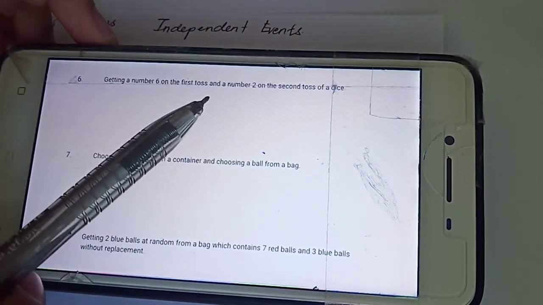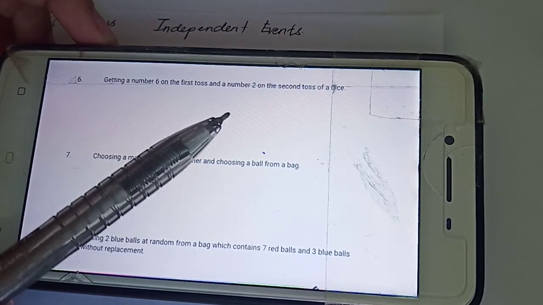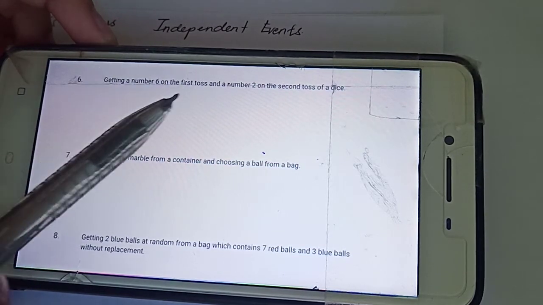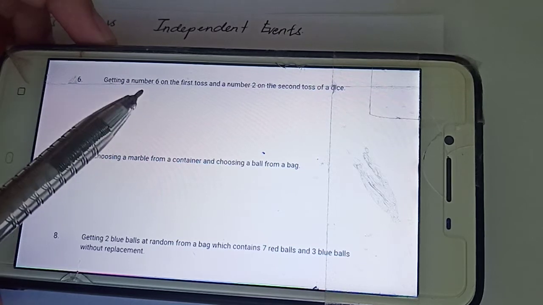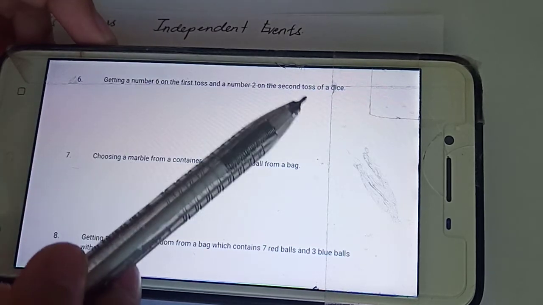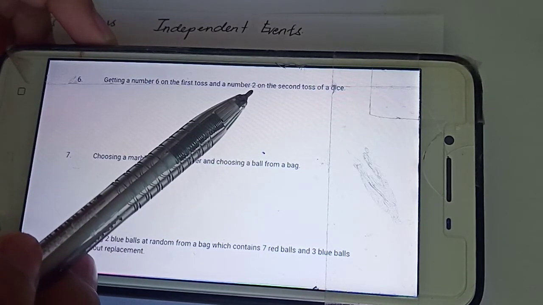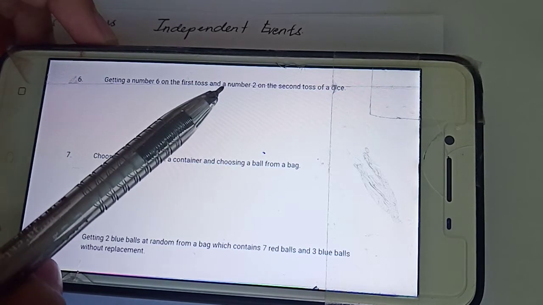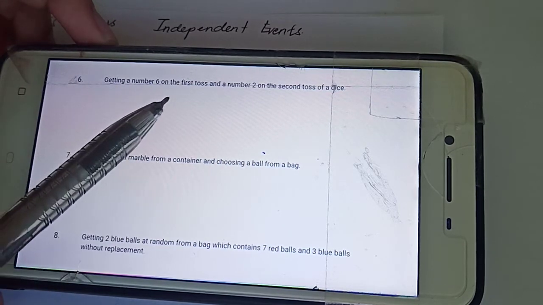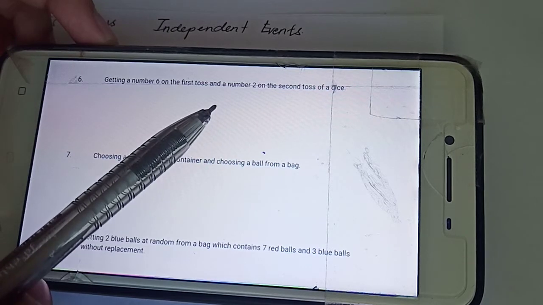So, is it affected? This is the same dice. So, if I get a number 6 on the first toss, is it affecting my probability to get a number 2? So, no. So, this is going to be an independent event.